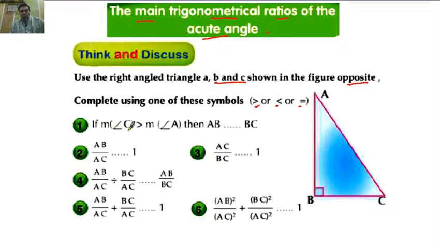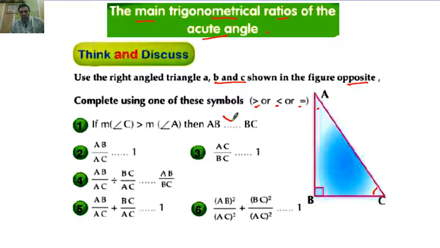If the measure of angle C is greater than the measure of angle A, then the side opposite to angle C, AB, is longer than the side opposite angle ABC.